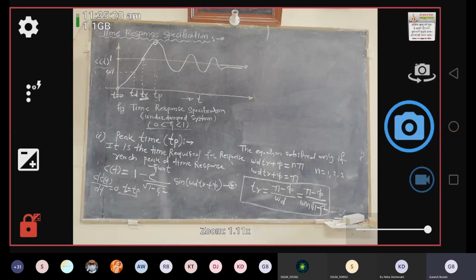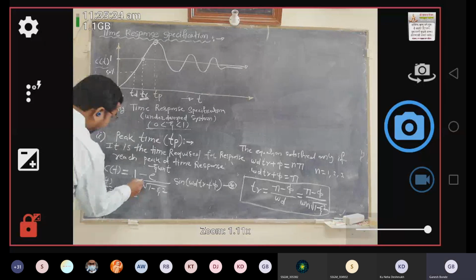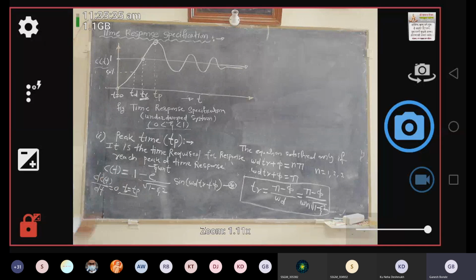Okay. So tell me the differentiation of this equation star. What is the derivative of this term with respect to time T, dC of T upon dT?